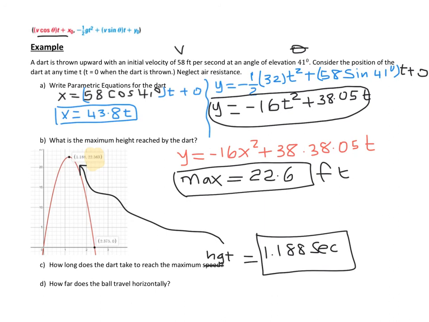How far does the ball travel horizontally? This is going to be given by x, where x equals 43.8t, and what I need right now is to see how long it took to get to the ground.